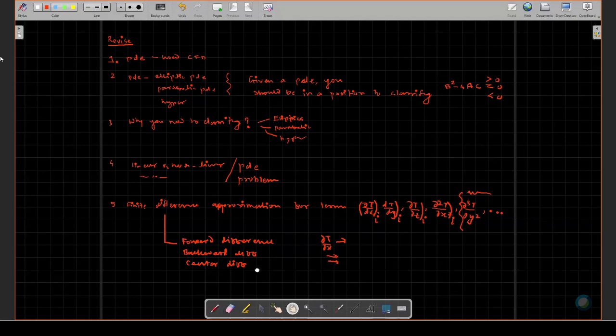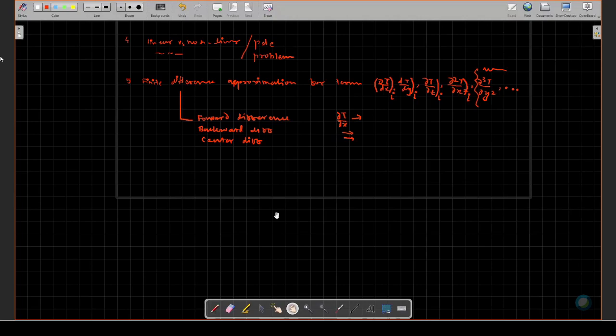We also know that this T can be any function. T is a function of x in this case. It can be any nice function, it may be given, or it may be something you need to calculate.